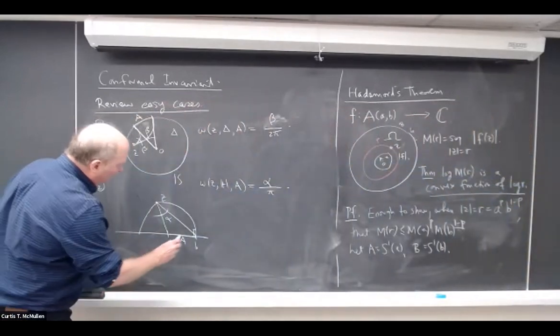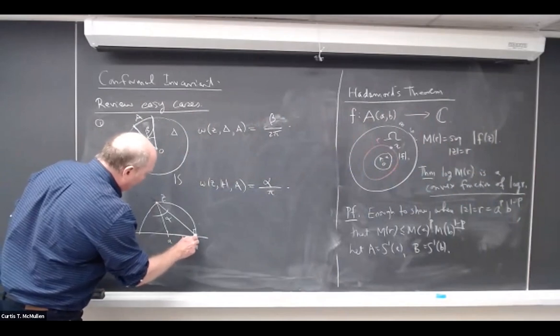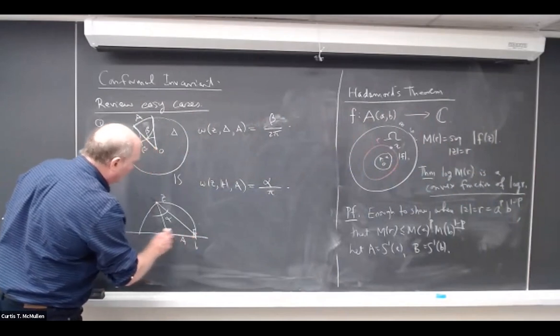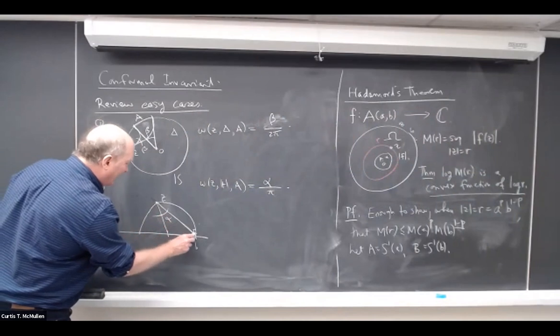The reason that's true is that this hyperbolic geodesic makes a 90-degree angle here. This line is a secant.